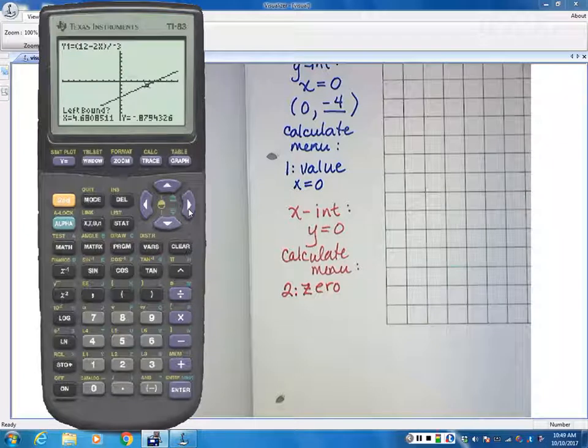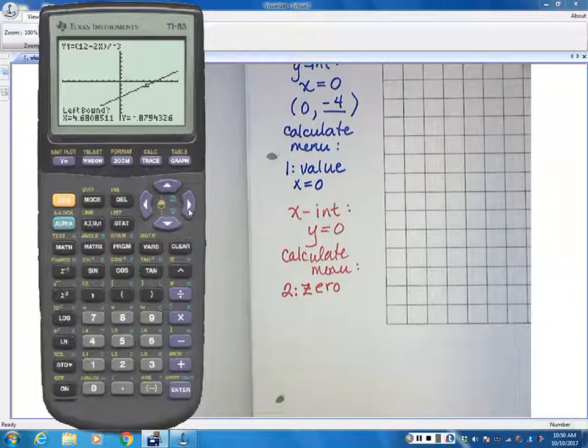The key is that the X-intercept occurs when the graphed line is below the X-axis and above the X-axis. So the first thing you have to do is choose for it to be below the axis, or the left bound in this case. That's what it's asking. Move to the left of the X-intercept.